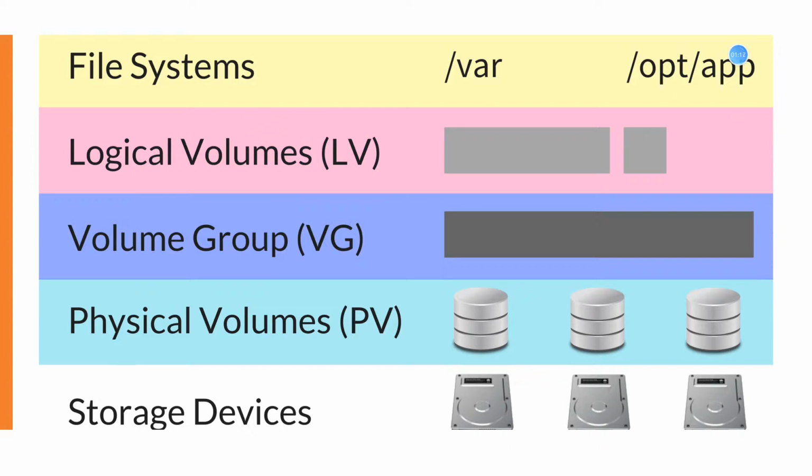After we create and format the logic volumes, we can manually mount them onto the file system, and then we can use them on the system level. I think that's the basic structure which helps us understand where logic volumes come from.